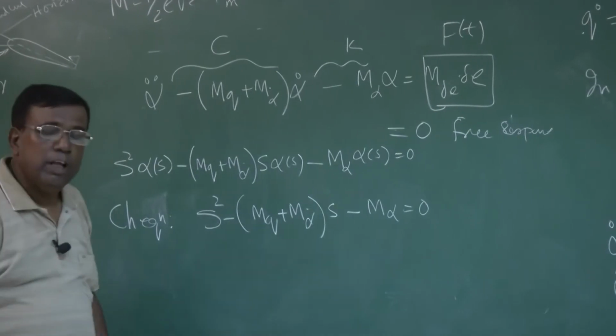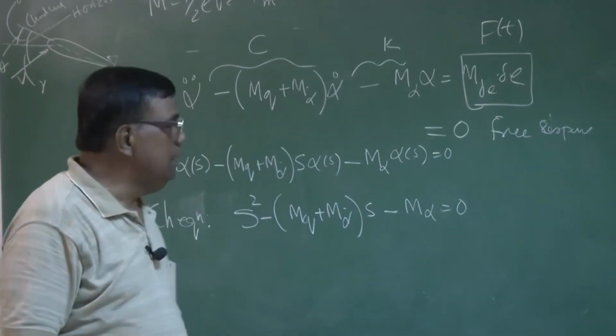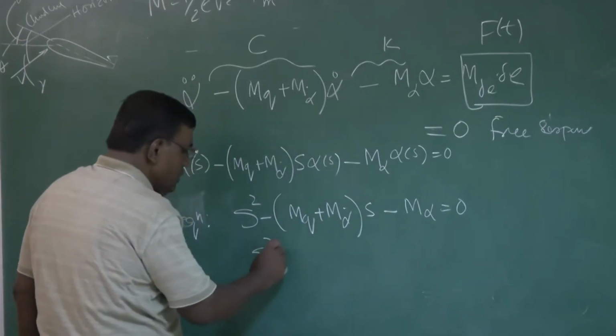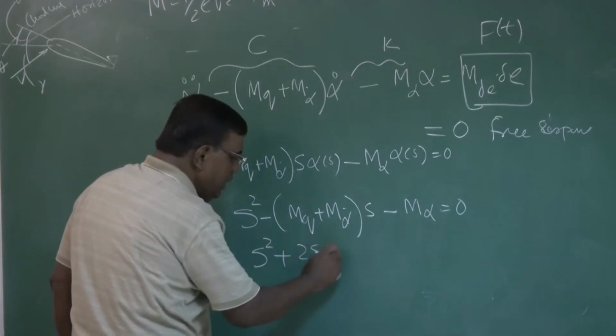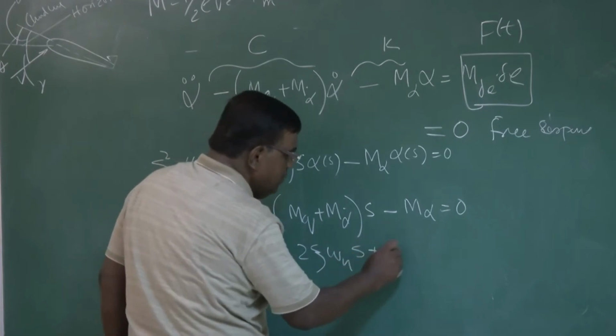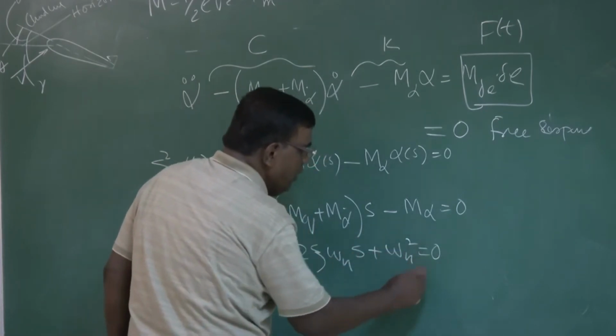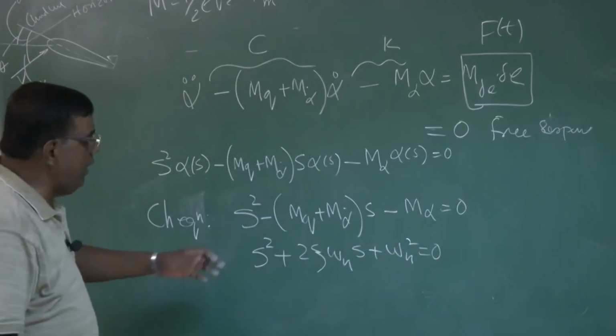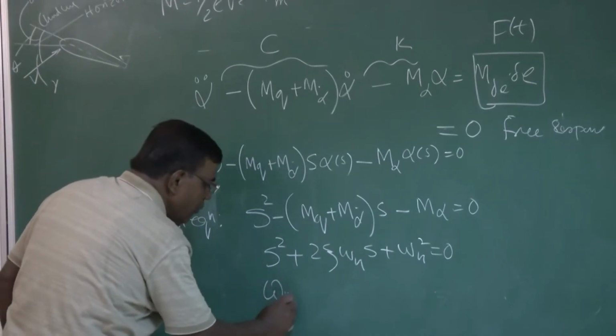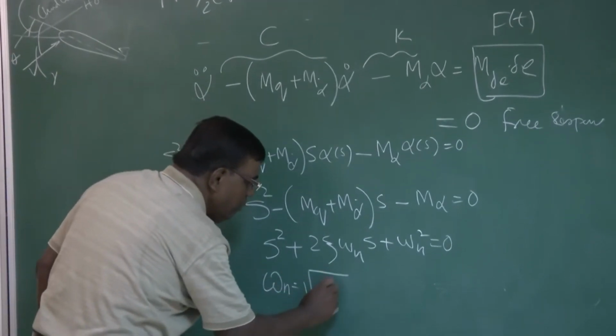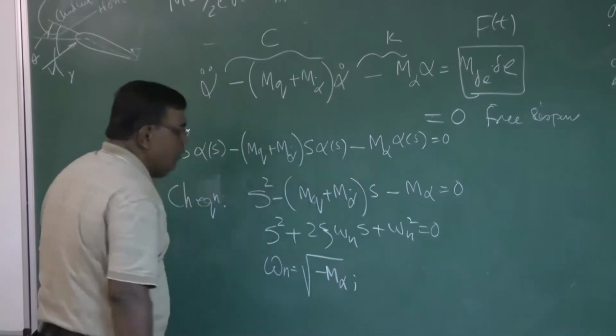What is our aim? Our aim is to find zeta and omega n. So we'll compare with the standard equation which we have developed already for a second order system, and that is typically like this for a free response. So now I compare what is omega n. Omega n is under root of minus m alpha. And what is zeta?